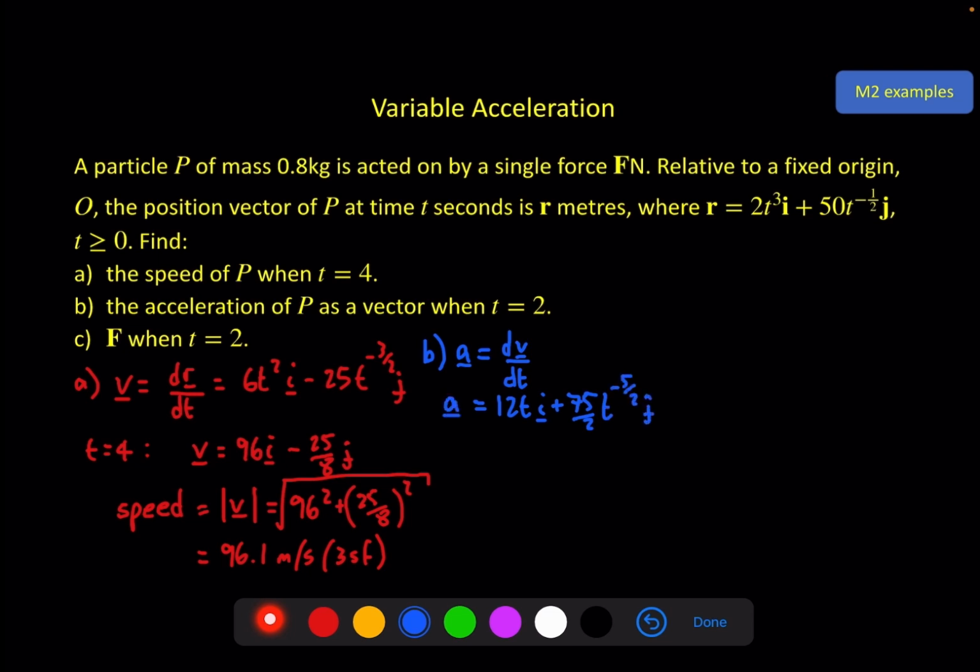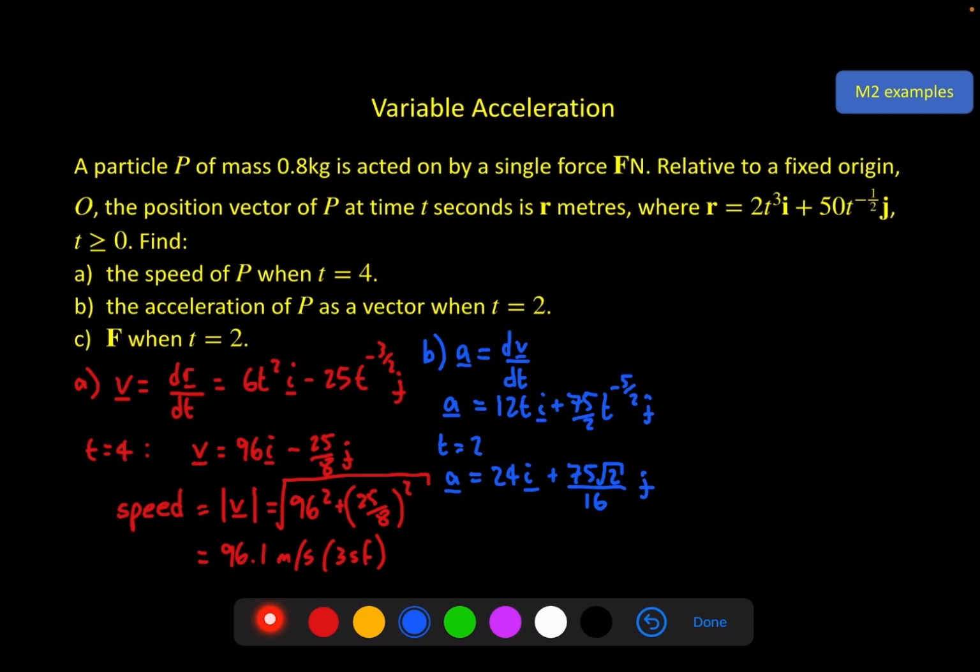That's the acceleration. When t is equal to 2, we put that in there and we get a is equal to 24i plus, in surd form, 75 root 2 over 16j, or 6.63 to 3 significant figures in decimal form.